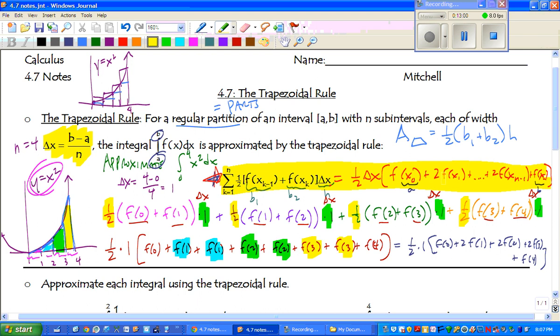Basically, a plus delta x goes in here, plus 2 times f of a plus 2 times delta x, and so on until we get to b. That would be f of 4. If we look down here, going back to this problem, you can see what we're talking about: f of 0 plus 2 times f of 1 plus 2 times f of 3 plus, I think I skipped the f of 2 there, and then just f of 4 for the last one. So let's take a look at a problem here next.